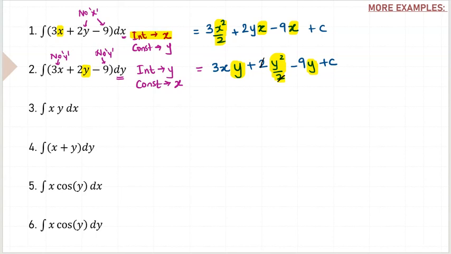Let's look at this question, question number 3. You have to integrate with respect to which variable, and what is kept constant? Yes, since it's dx, integrate with respect to x. The constant will be y. Now here we treat the total xy as one term. If you have a plus or minus in between, then it's two different terms, but for multiplication, it's just one term.